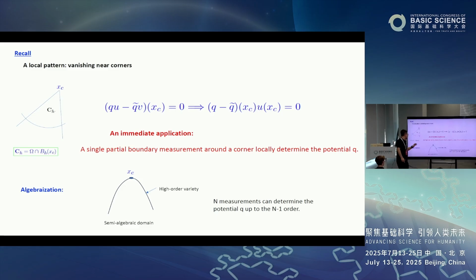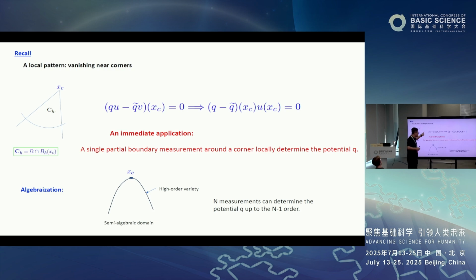Based on this, we can proceed in an iterative manner. We can do this algebraization procedure. That means we replace the boundary by higher order varieties, and this gives us a semi-algebraic domain.